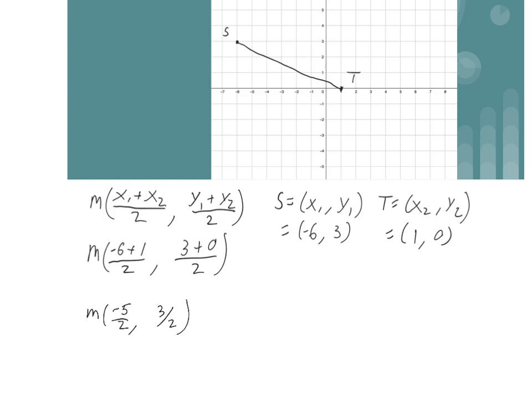So if we look at this, -5/2 is going to be -2.5, and 3/2 is 1.5. So here's our midpoint.